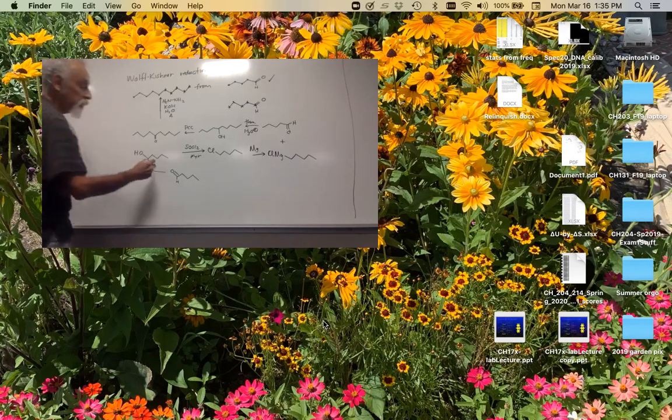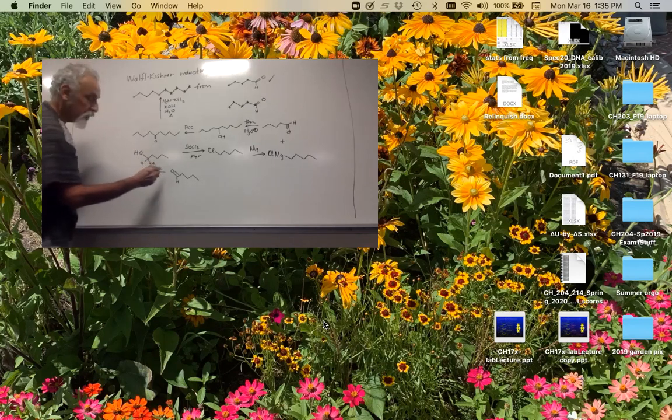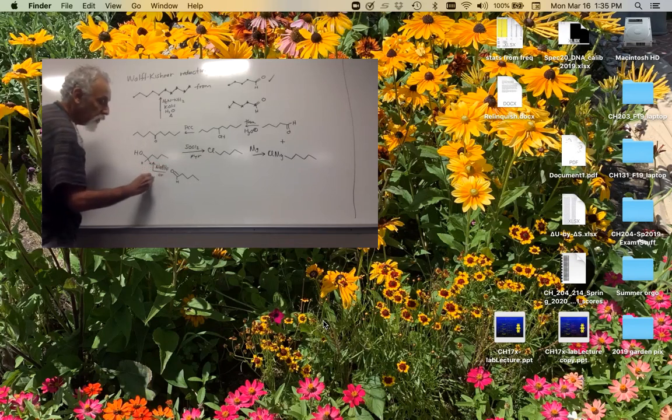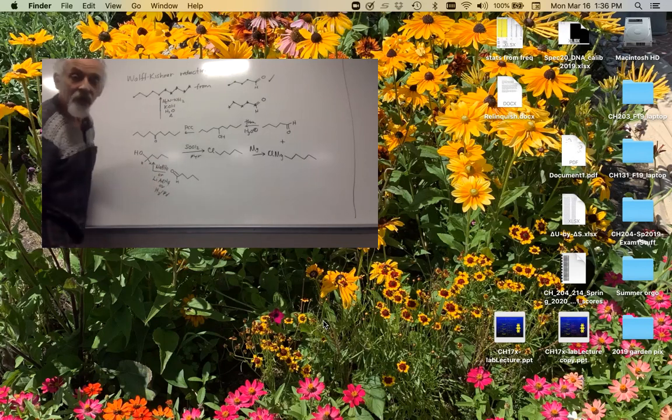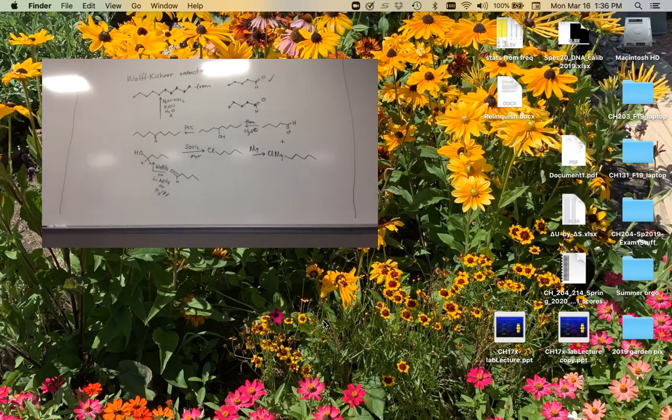And so here we would have a lot of options here. We could use sodium borohydride, or we could use lithium aluminum hydride, or we could use hydrogen and some kind of catalyst. Okay, those are the reduction reactions. And so there's our synthesis of decane.